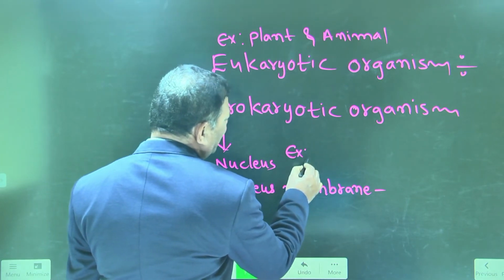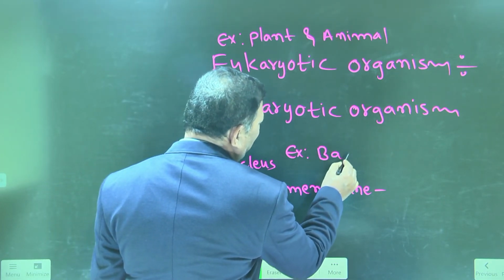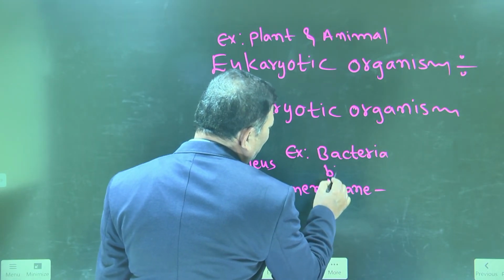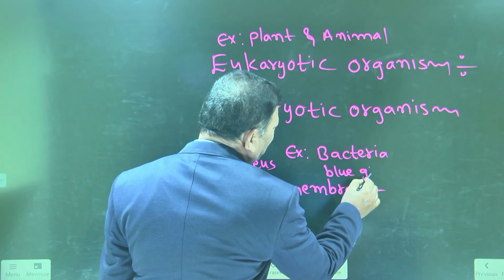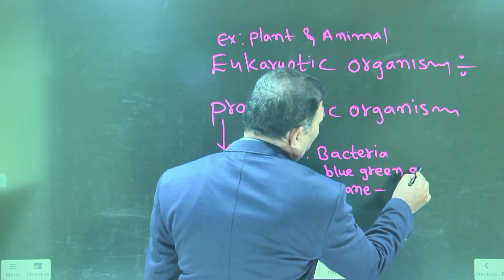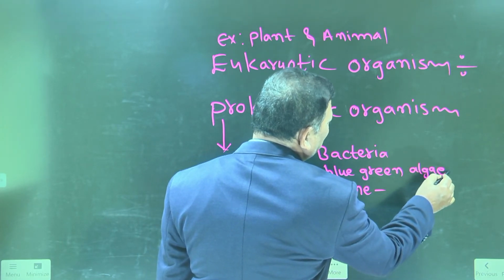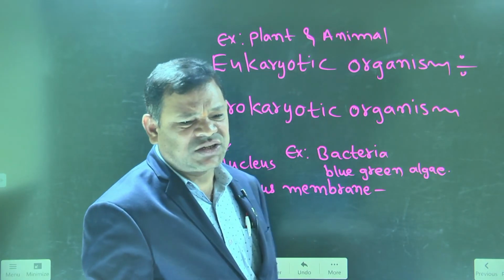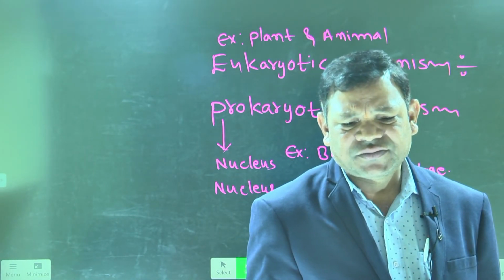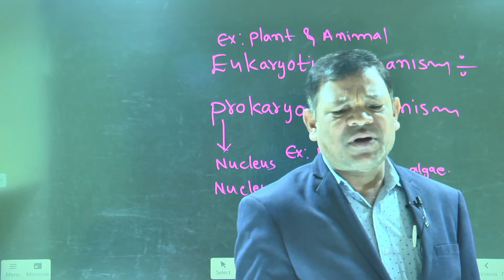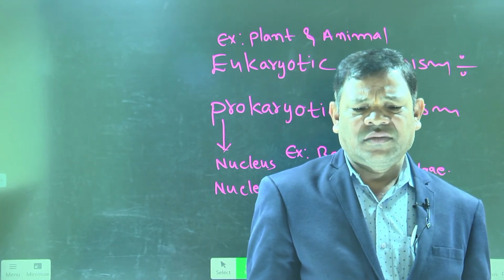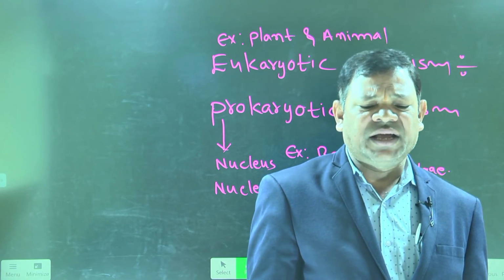Examples are bacteria and blue-green algae. So this is another classification. Do you understand, Avinash? Yes, sir. What is the meaning of prokaryotic organism? Very good. Example what?